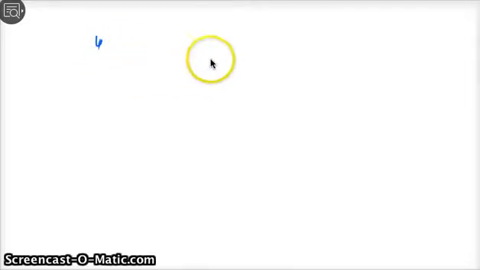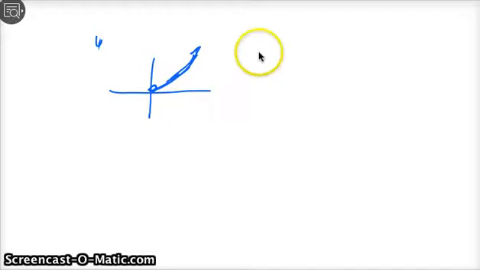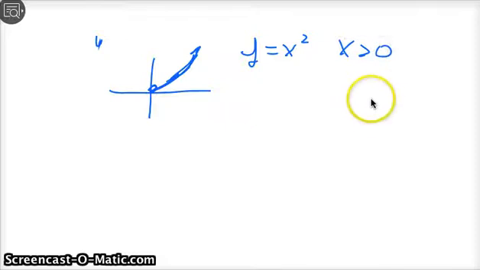Okay, so let's just take a look here. All right, here's a function, okay? Remember, what is this? This is y equals x squared, but it's just the right part where x is greater than 0. Does that make sense? Okay, does this have an inverse function?